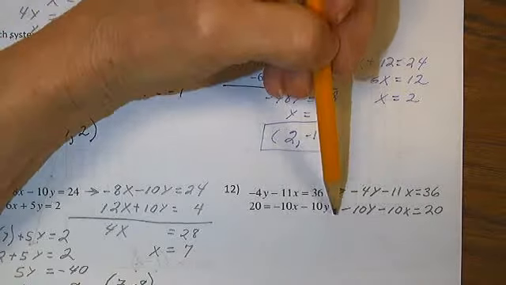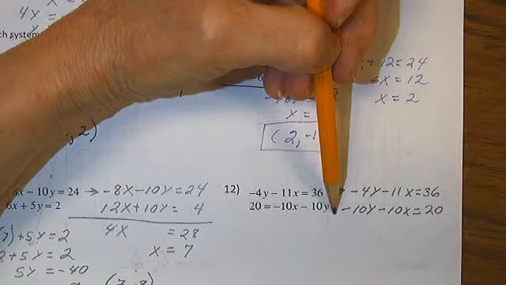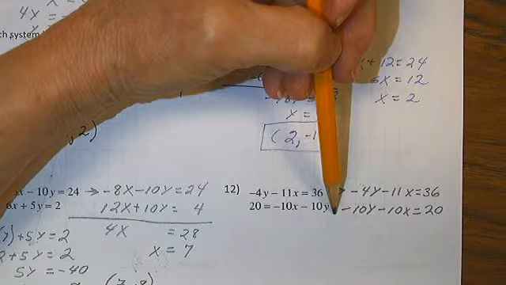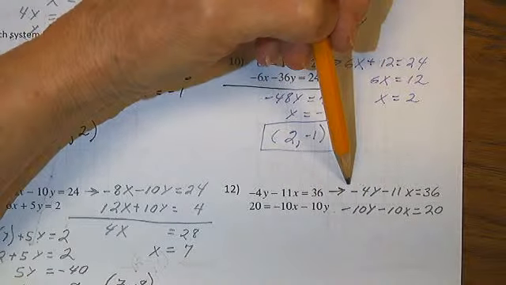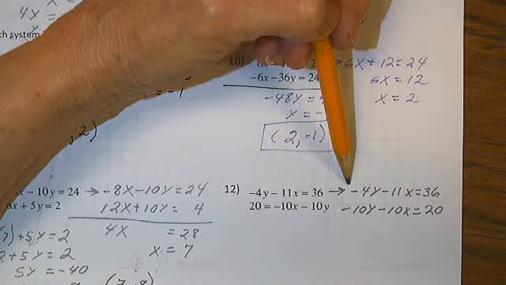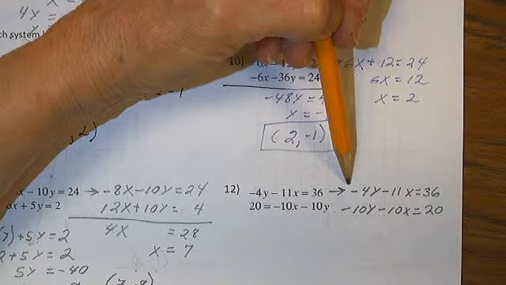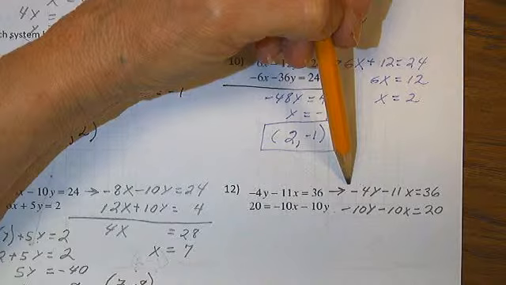I could also multiply this one by negative 4 and this one by positive 10, but it just seems like there has to be an easier way to solve this one than by elimination.